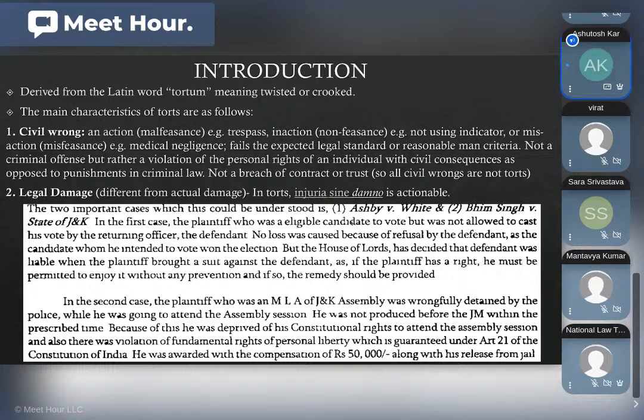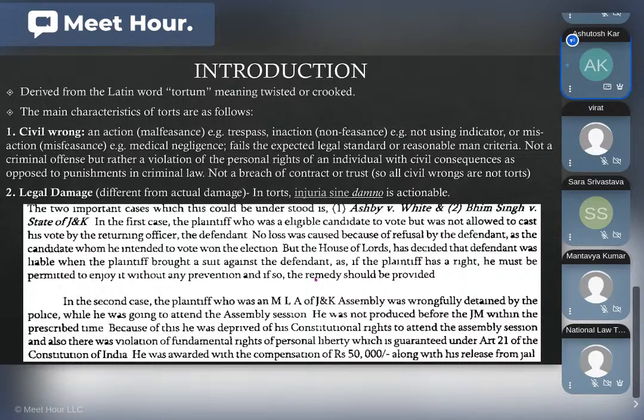In the second case, in the Indian context, Bhim Singh versus State of Jammu and Kashmir. So Bhim Singh was the plaintiff in this case, who was an MLA of the Jammu and Kashmir Assembly. Here one MLA is being detained by the police while going to the assembly session. You know that there is a legal right of the MLA to attend the assembly session because they have been elected as the representative of the people of a constituency.